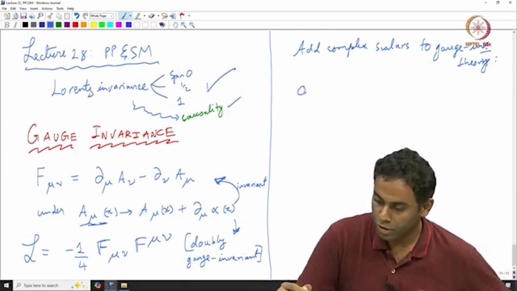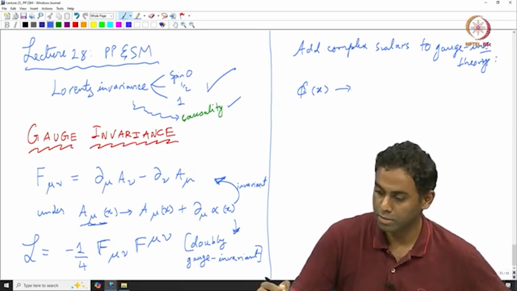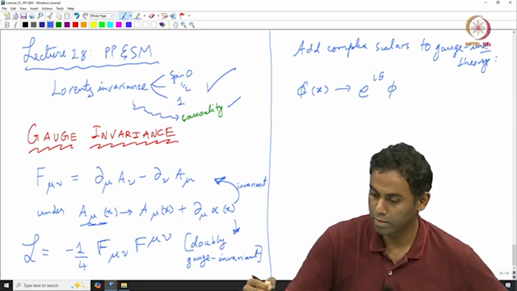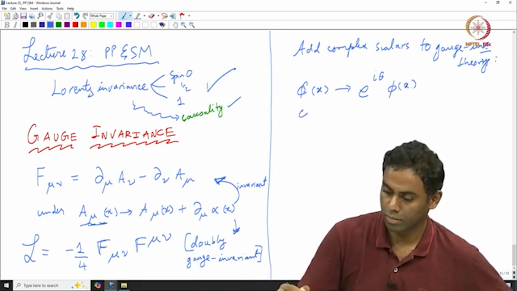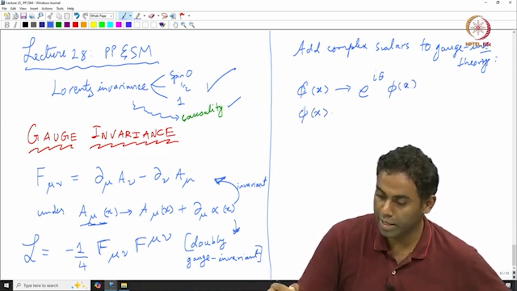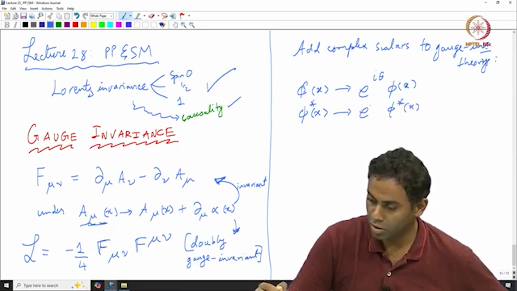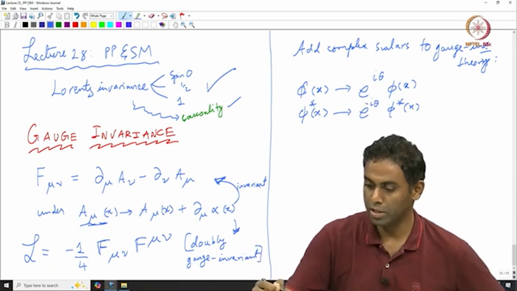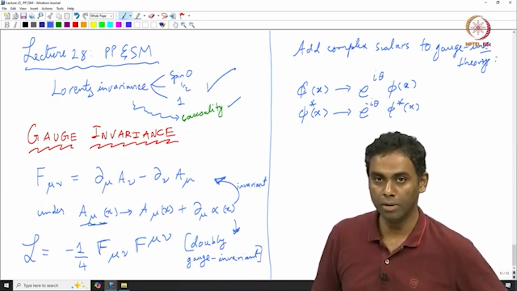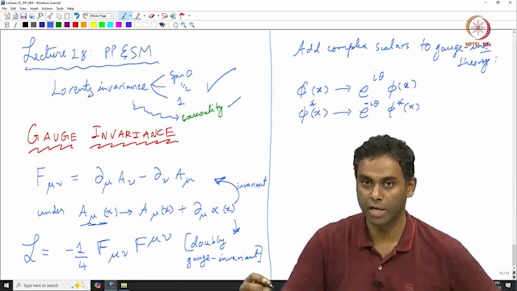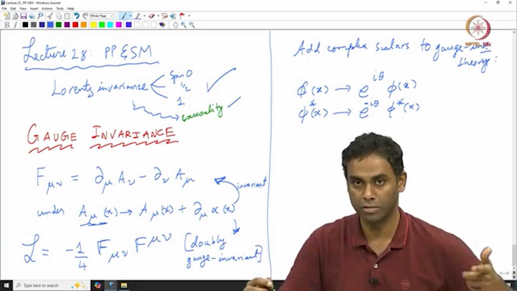Remember, for a global charge, what do we mean by a global charge? It is when I can rephase all my fields with a phase that does not depend on the space-time label. The field all over the place gets rephased by a single phase.